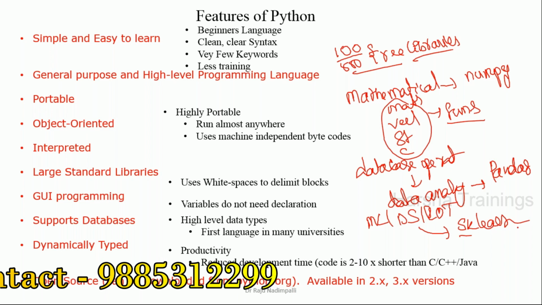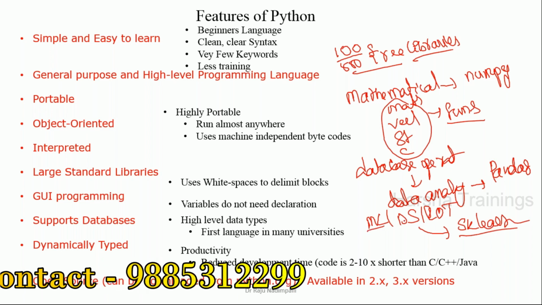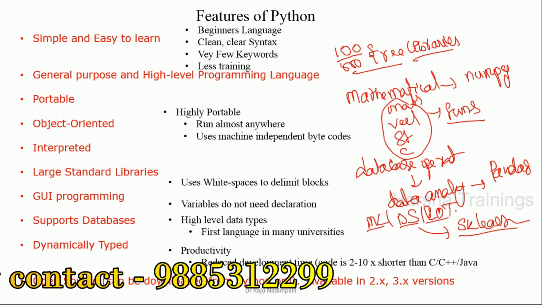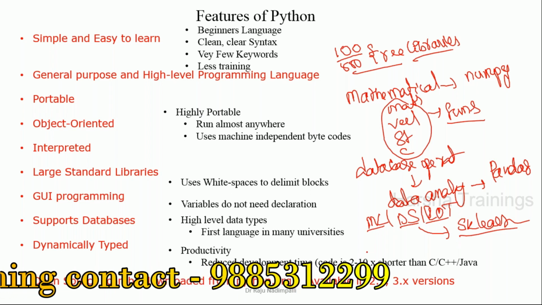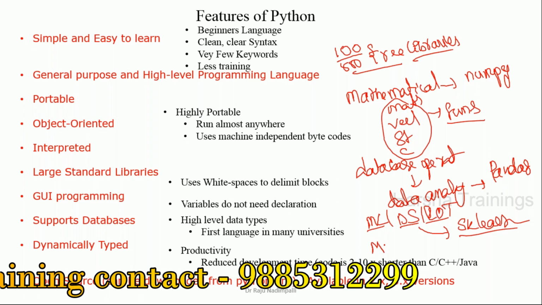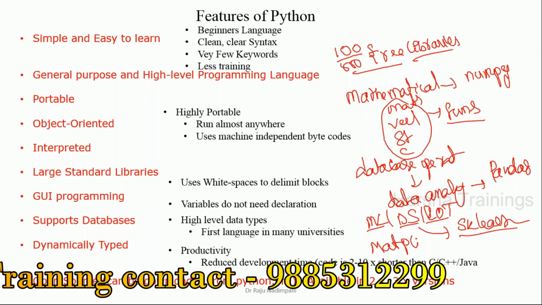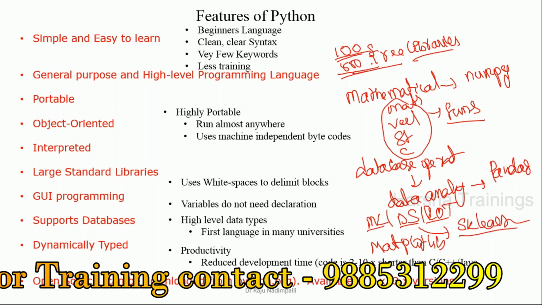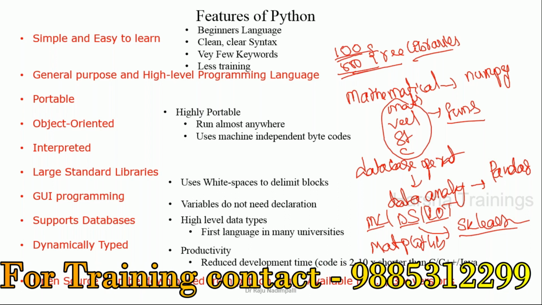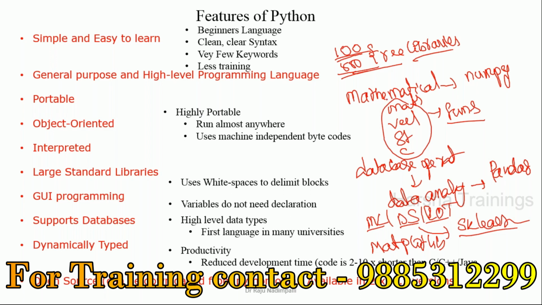Using this library, I can write any kind of machine learning, data science, and IoT applications. If I want to draw some graphics, I have a library called Matplotlib. Like this, 100 to 500 libraries are available. These libraries will make your job very simple. This is the beauty of Python programming.